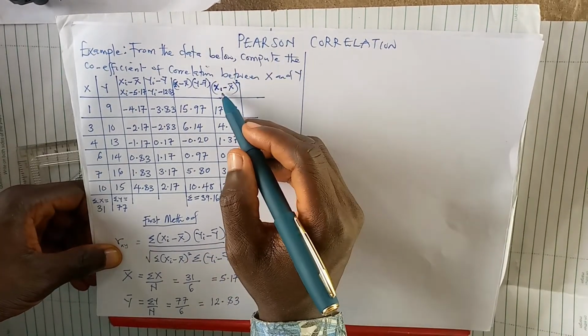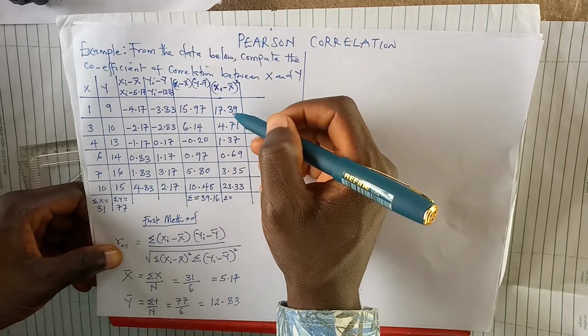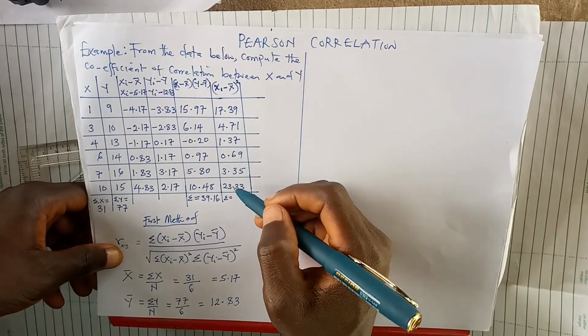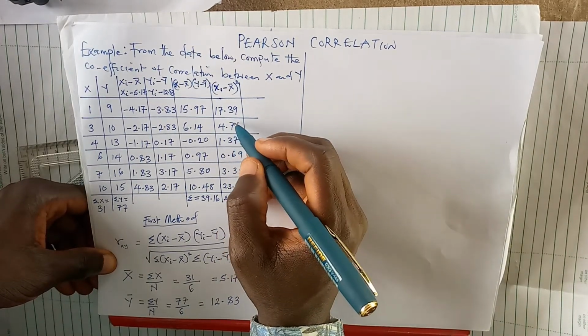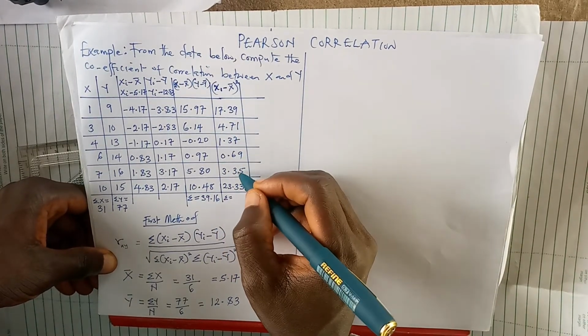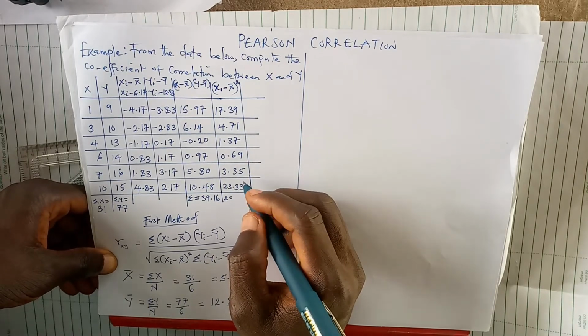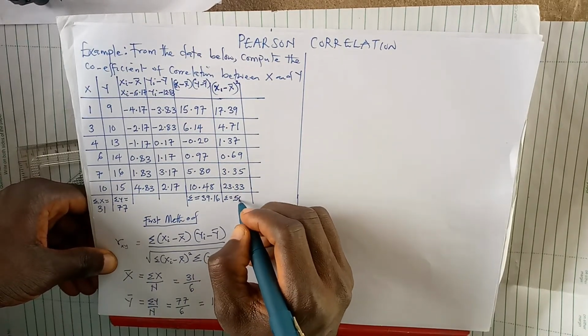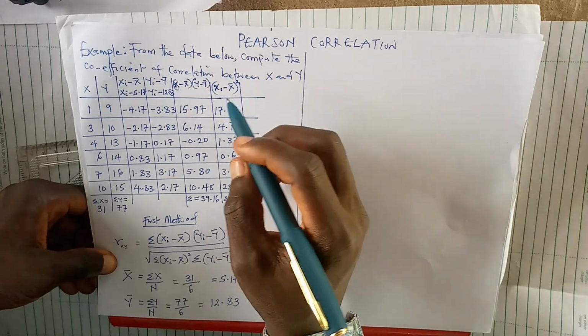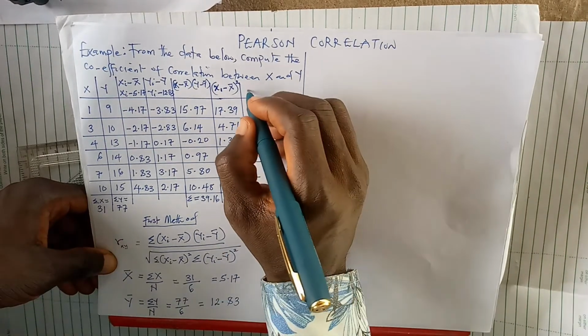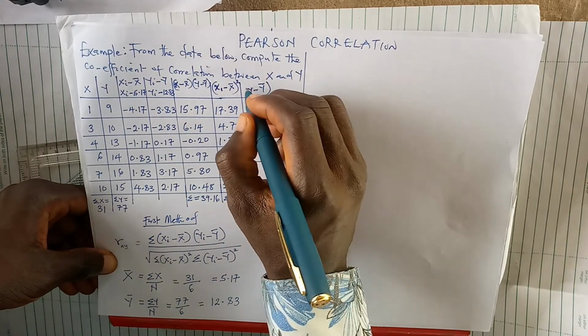That is, we are going to add all these values together, and what are we going to get there? 70.39 plus 4.71 plus this plus this plus this, and plus the last value here. Everything will give us 50.84.